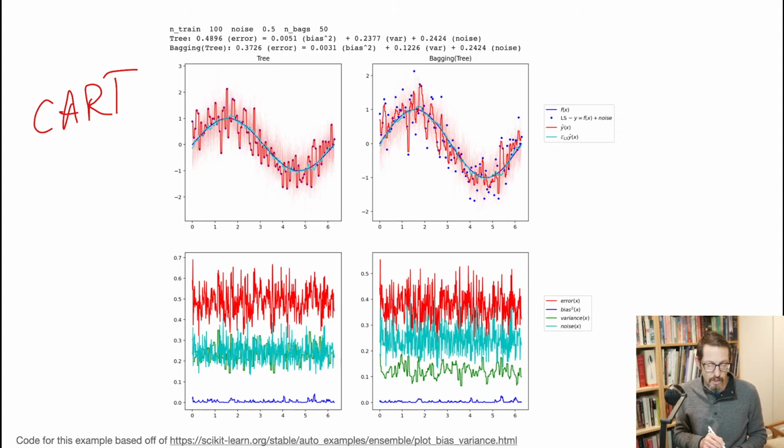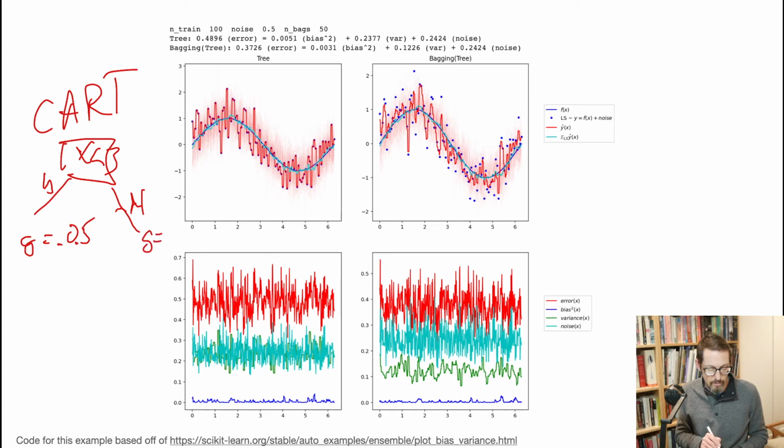So as we split off, it's going to be something like x less than 3, yes, no, right? Then it's going to say something like, we're going to guess the value is 0.5, and if no, then we're going to guess the value is 0.